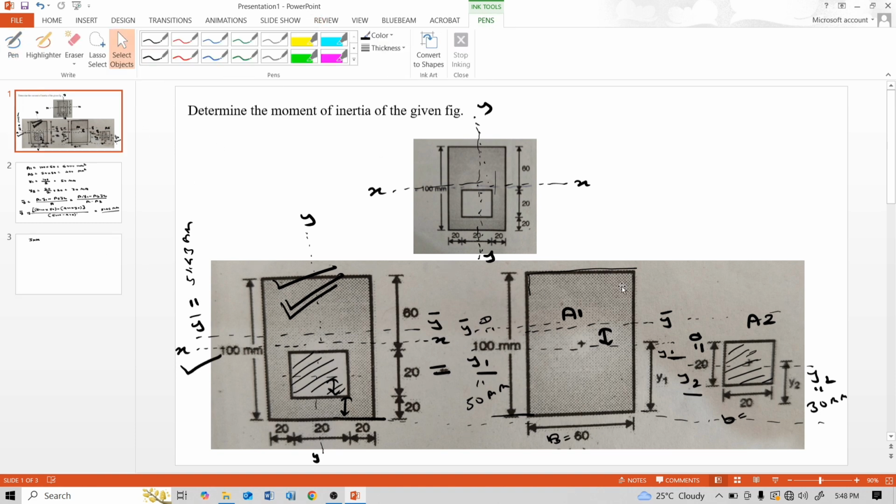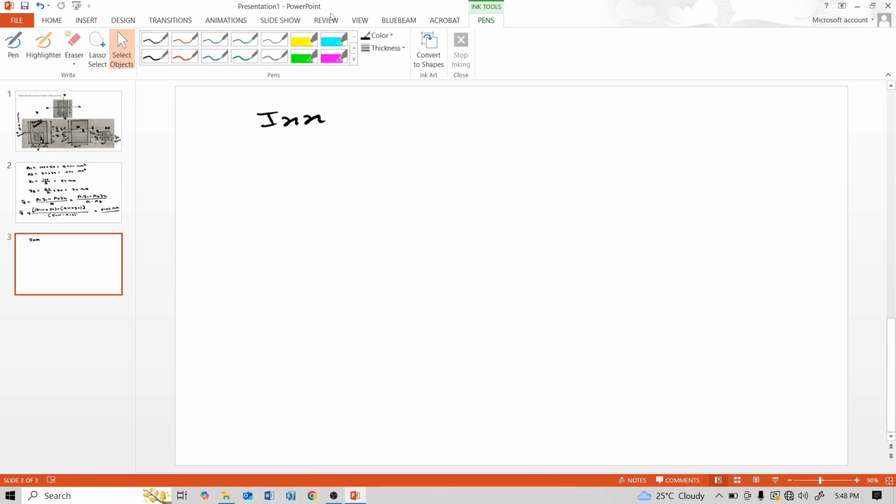Ixx is equal to Ixx1 for the rectangular part minus Ixx2 for the square part.